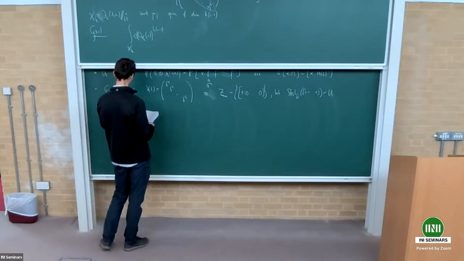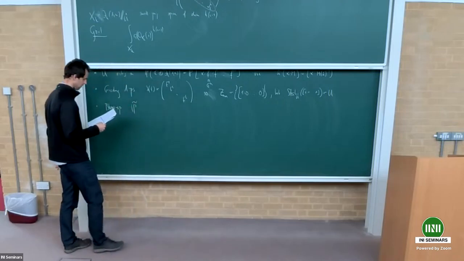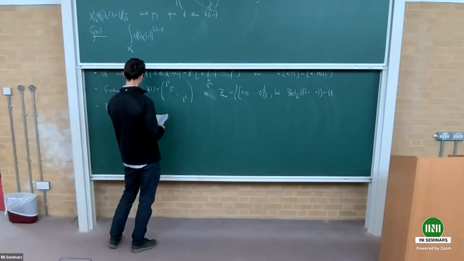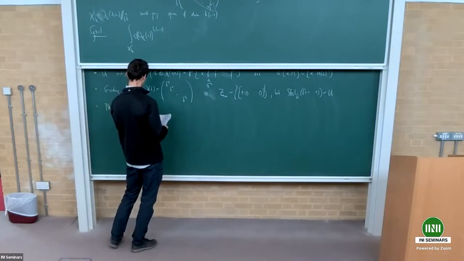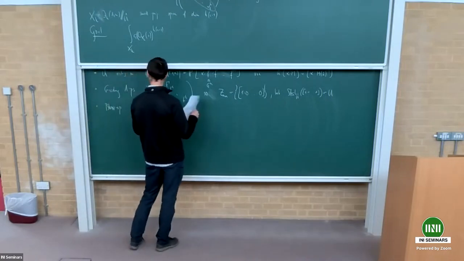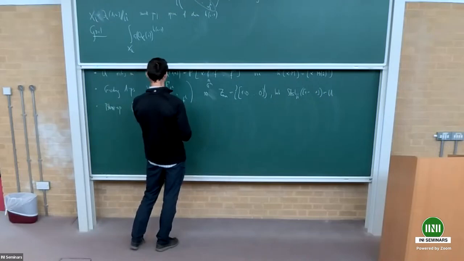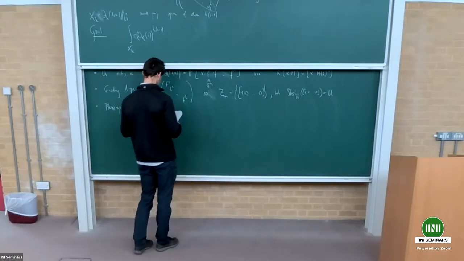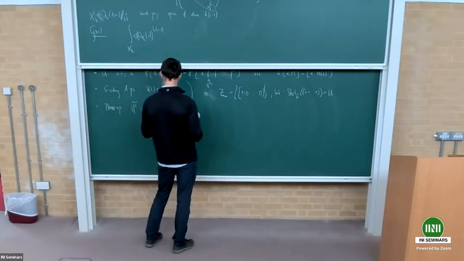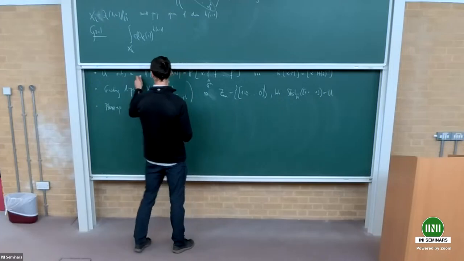So this is my notation today. P tilde is the blow up at this point 1, 0 of P. And that's P.